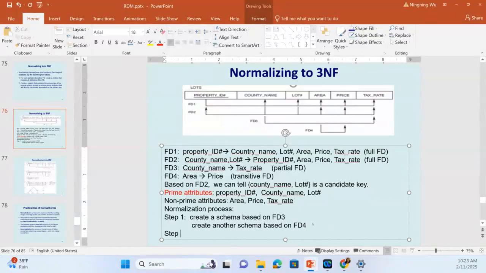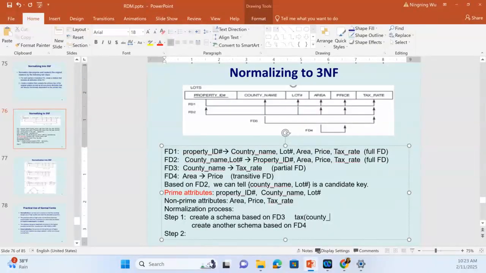Once we finish that, we move on to step 2. In step 2, we create a schema that contains the primary key of the original schema plus all attributes that are fully dependent on it. So in this case, for FD3, we end up with, maybe we call it the tax table.